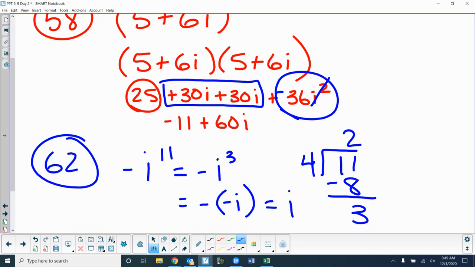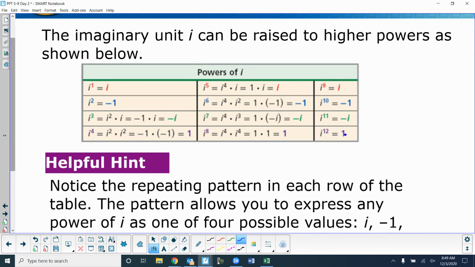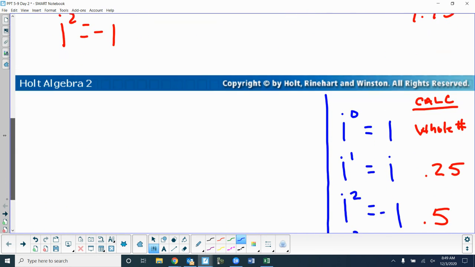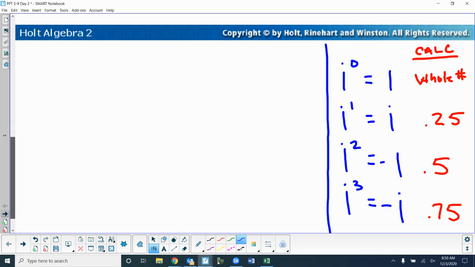Okay. Today, then, we did add, subtract, multiply, and this type of problem yesterday with these complex numbers. Today, we're going to divide. Again, that was just a quick review of the pattern, but we just saw it here, right? So you need to know that little pattern, that little chart, to do those types of problems.